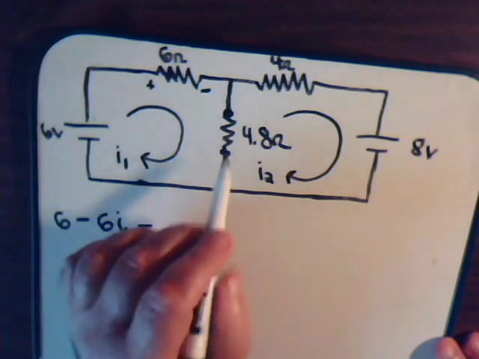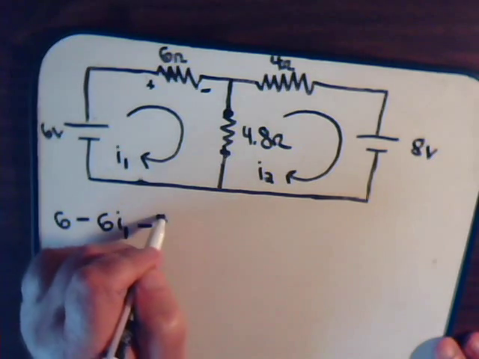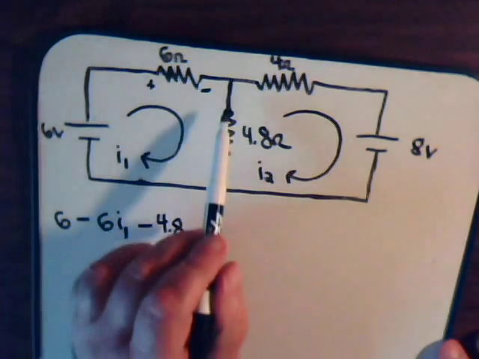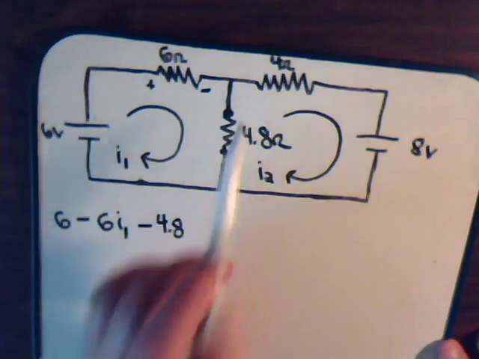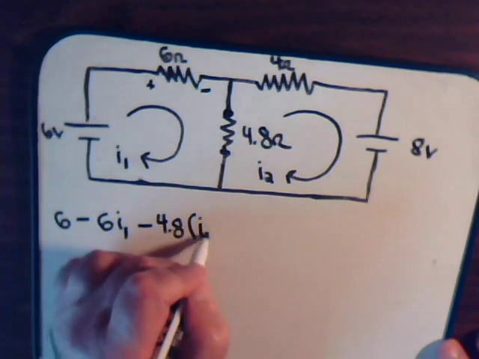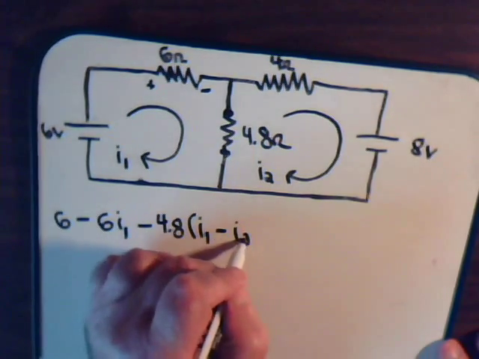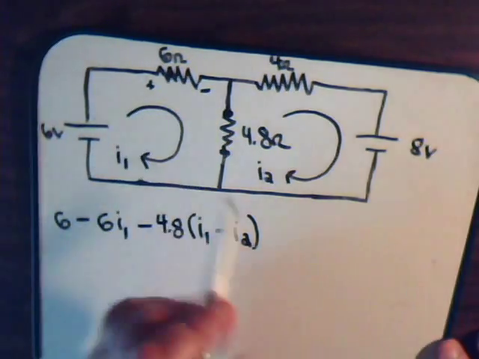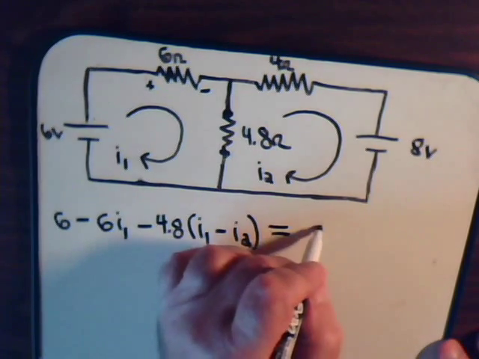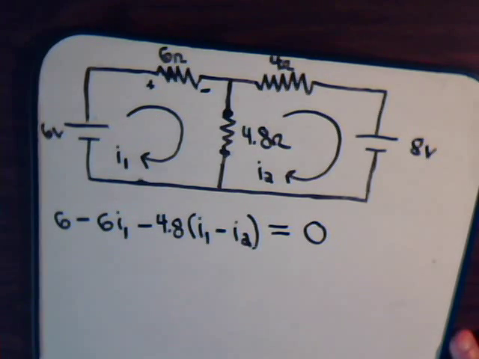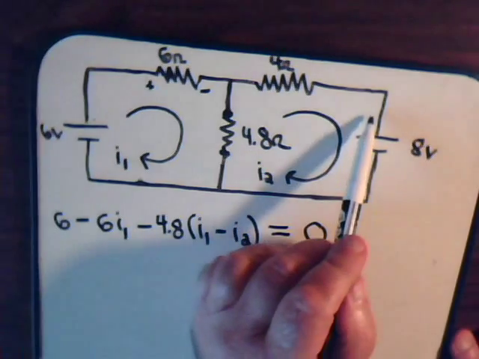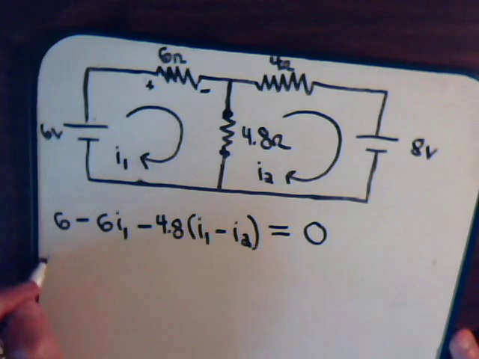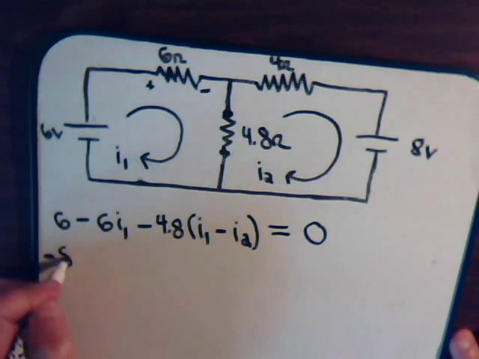Then we have minus this resistor, 4.8, and the amount of current flowing through it is I1 minus I2. So that would be adding up all the voltage drops in this part of the circuit, and those have to sum to 0. And then in this part of the circuit, now we're going from plus to minus here, so that's minus 8 volts, or just write down minus 8.